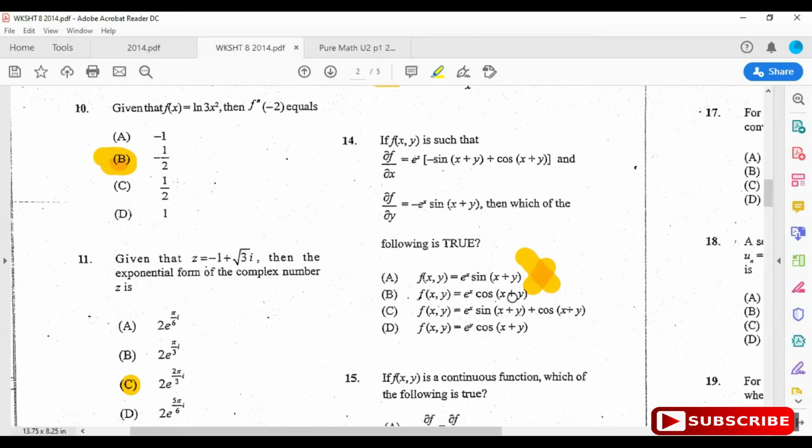e to the x cosine of x plus y. When you differentiate cos, you get minus sine. When you're differentiating with respect to y, let's write it down. We're using the second one, where f of xy is equal to e to the x times the cosine of x plus y.